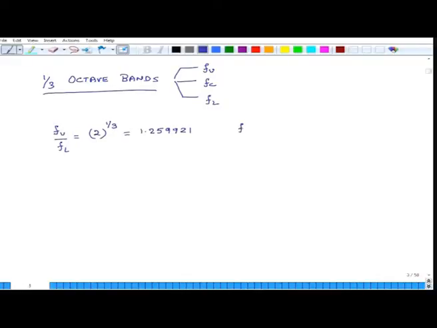And then your central frequency is still the geometric mean, so it is the square root of Fu times FL. It is not an arithmetic mean of the top and the lower limits. Then Fu equals 2 to the power of 1 over 6 times the central frequency, and the lower frequency is Fc divided by 2 to the power of 1 by 6.